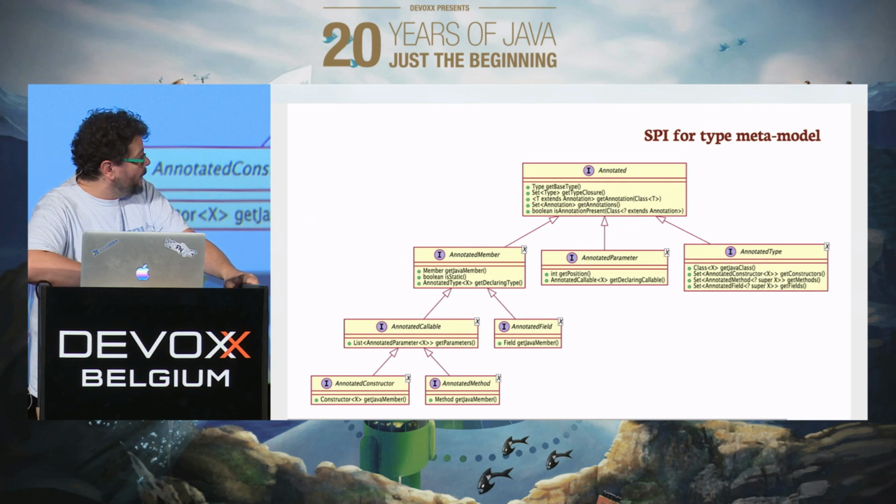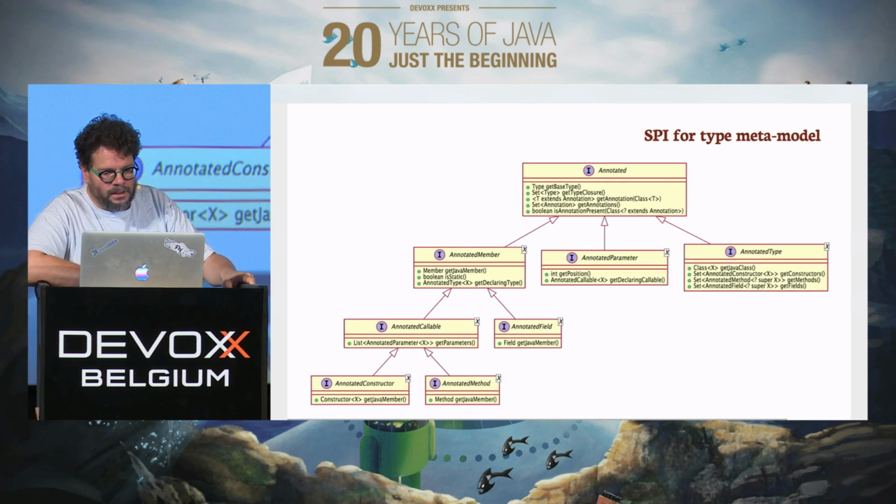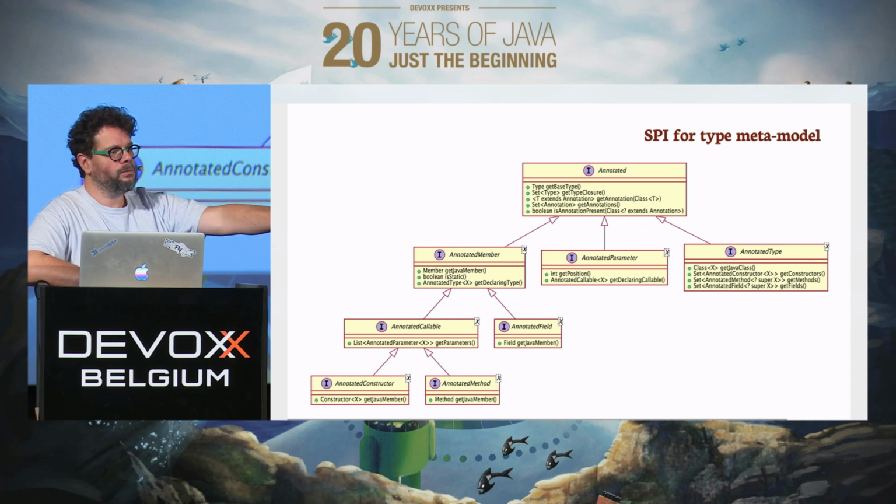For this SPI part, the type meta model, I won't go into too much detail, but it's quite easy to understand. In the center of the SPI, I have the AnnotatedType, and I have all the parts of the type in the SPI: the parameters, the methods, the fields, etc. You should see it as a mirror of all the classes in the reflect package, method, field, etc., but in a writable way.